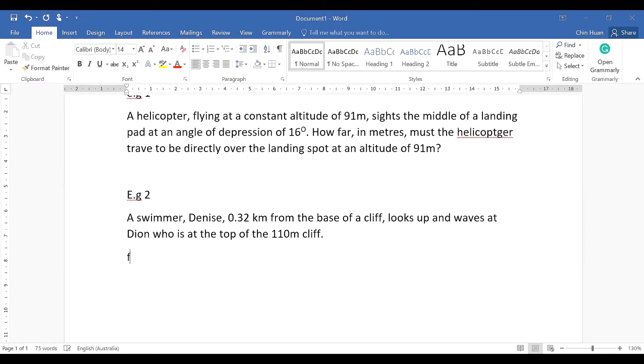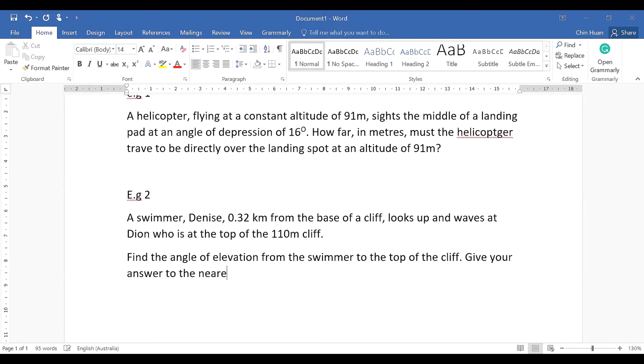Find the angle of elevation from the swimmer to the top of the cliff. Oh, Denise might need glasses, I don't know. Now, nearest degree. There we go.